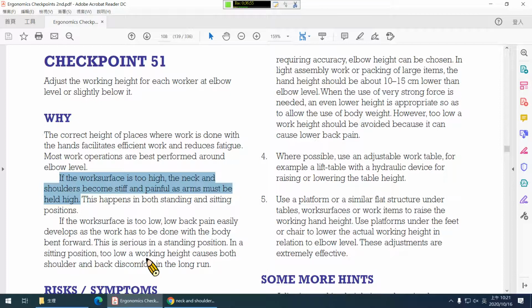Because maybe in theory, the heat will make the stiff muscle soft again. So maybe in rehabilitation, they have something. That's why these products are coming out, right?